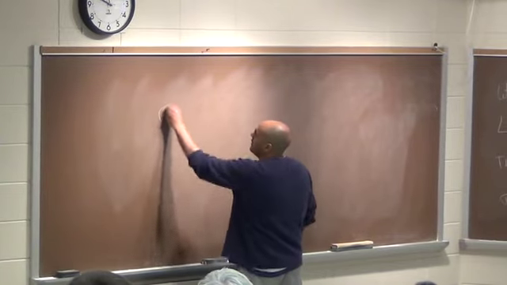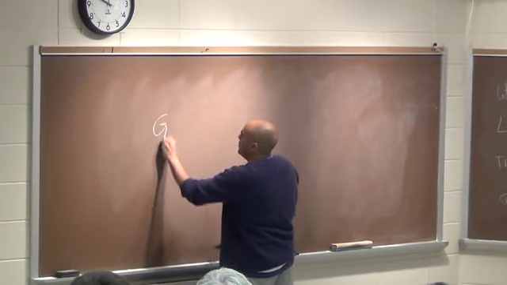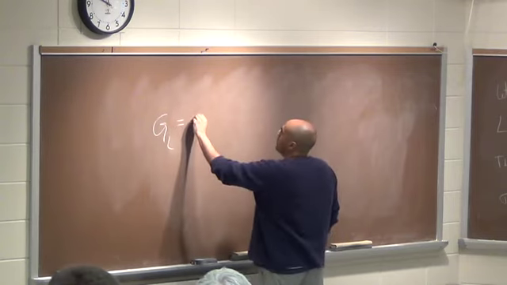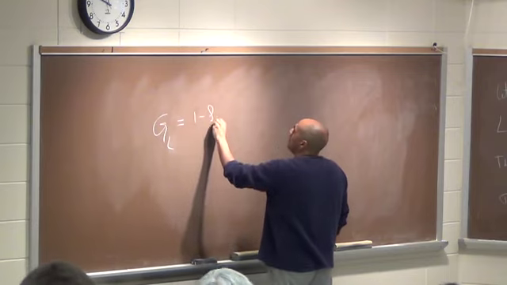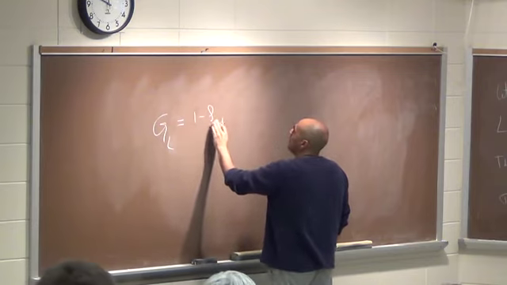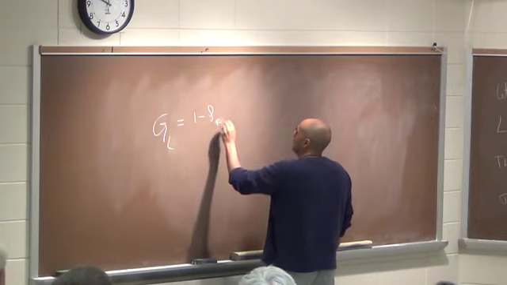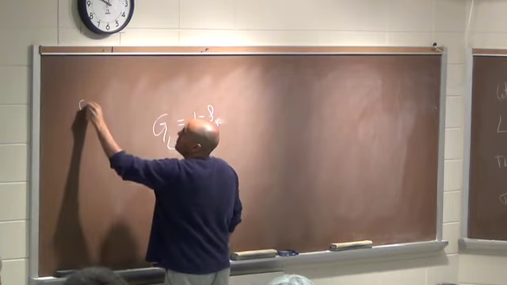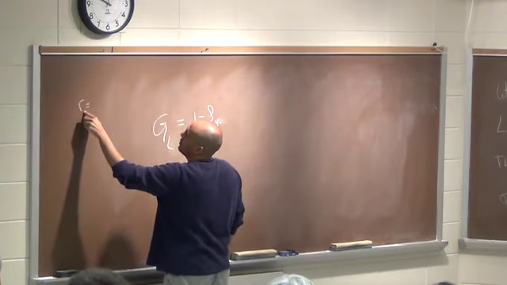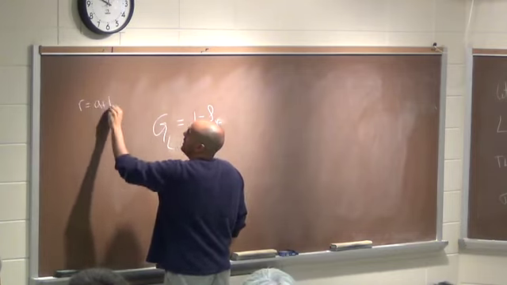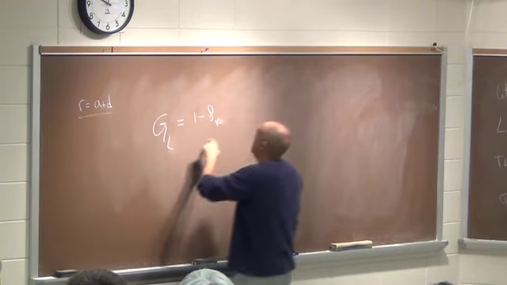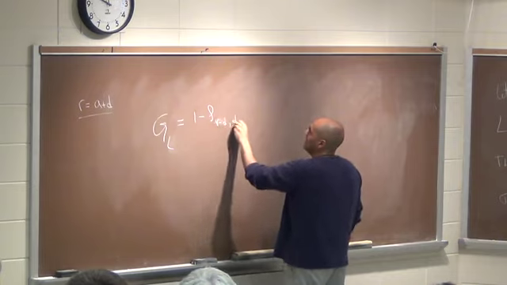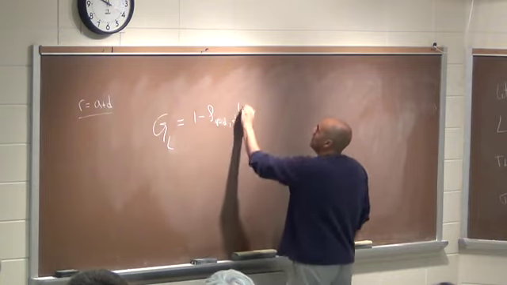So you define GL as being 1 minus rho AD. For notational reasons, I'm going to write R as A plus B. So R minus this A. This is the AD before, it's just changing the number.